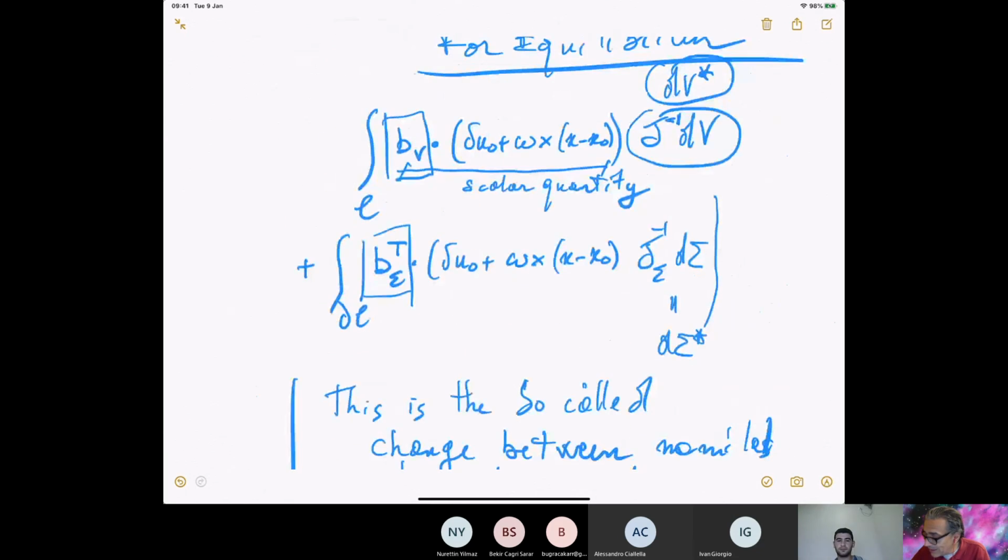So you can rewrite our equality for delta theta here, delta theta there.